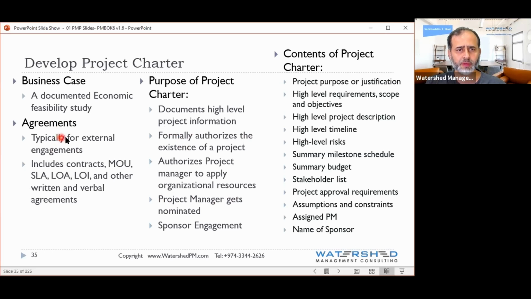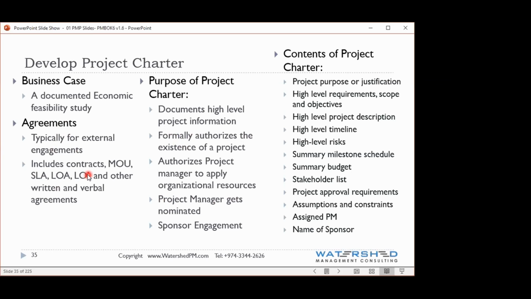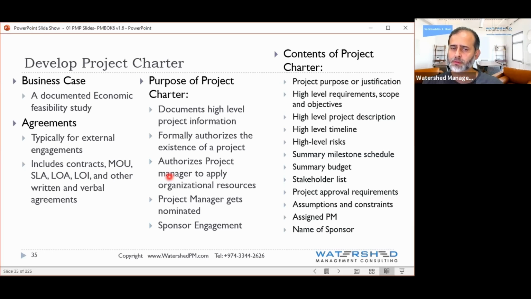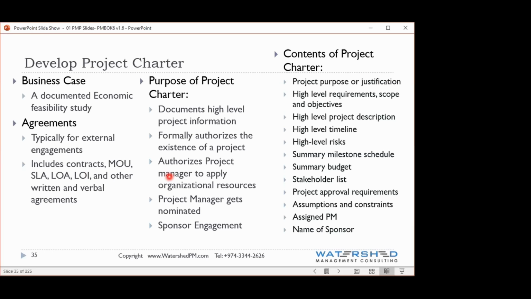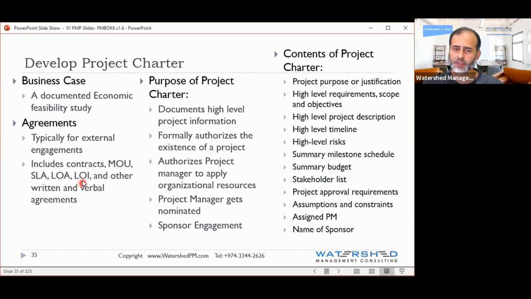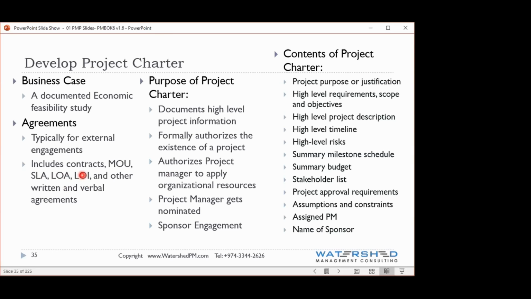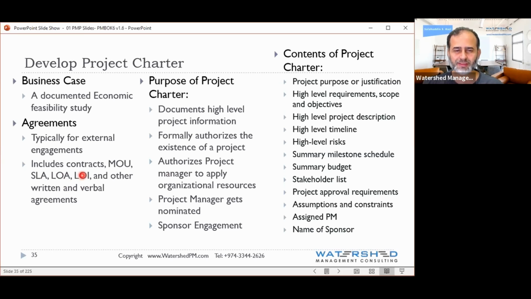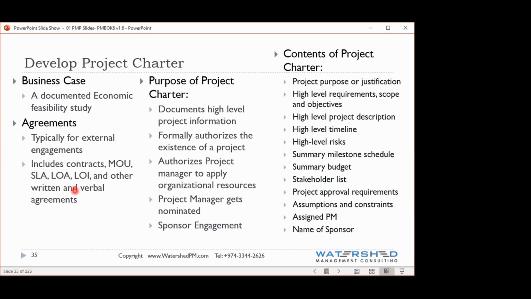Again, those of you who are familiar with tenders will know these terms, LOA, LOI. LOA is a letter of award, almost like an award letter. LOI is a letter of intent. SLA is a service level agreement. Sometimes a company or a ministry will give only an LOI. It's only intent, and they may give this LOI to too many subcontractors.